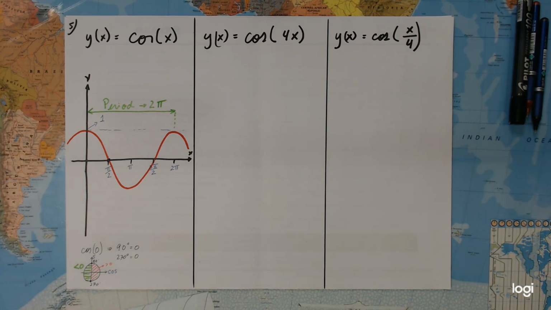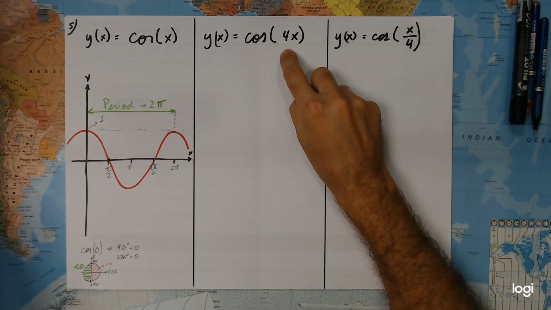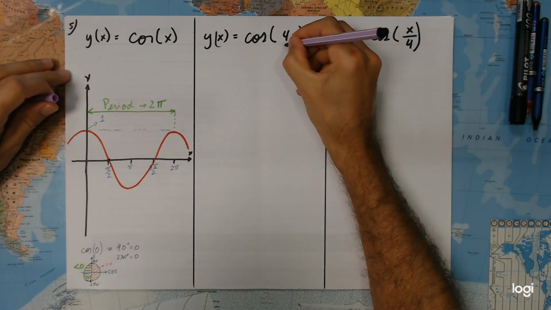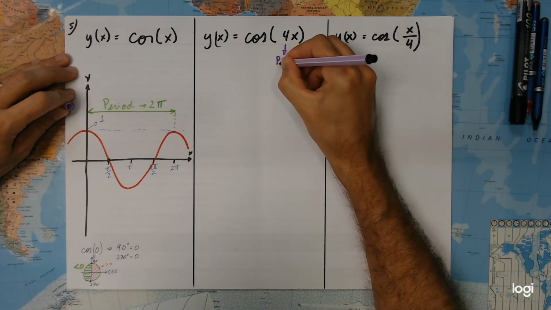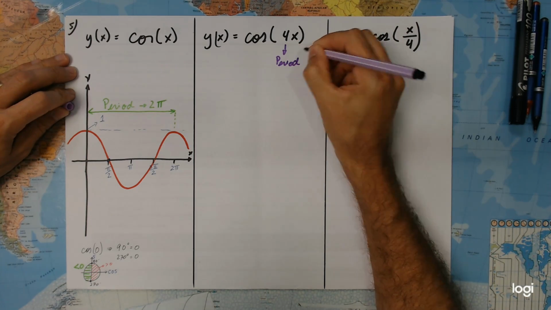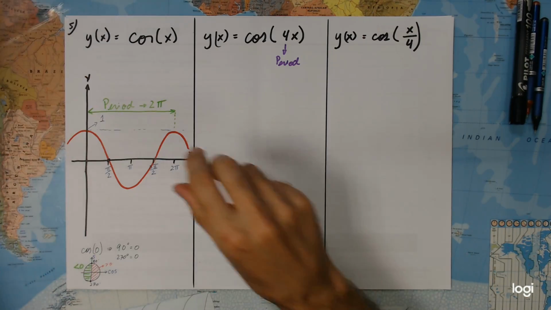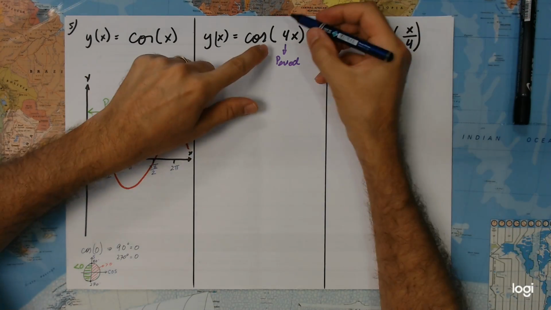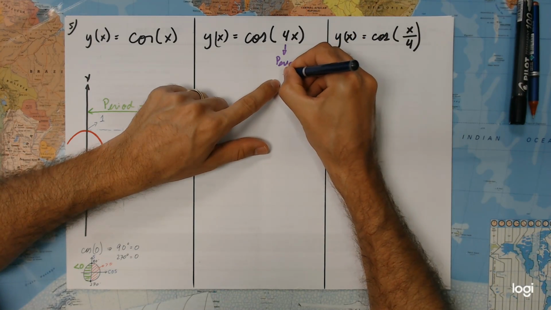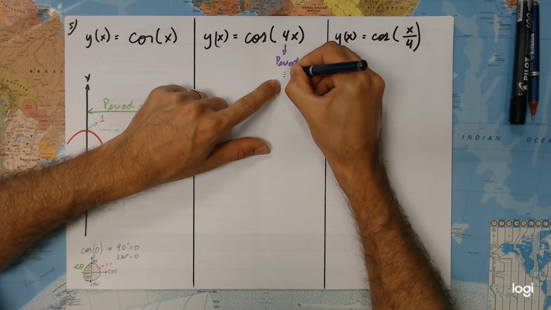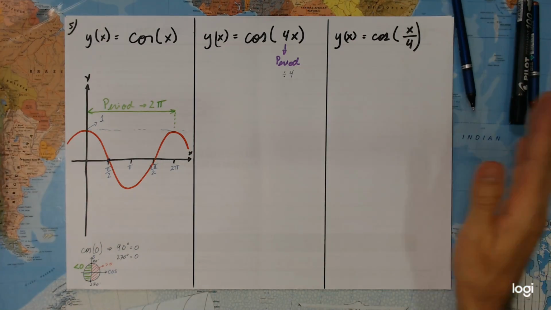Now, what is going on with this? Remember, this is going to relate to the period. How? Because it's multiplied by 4, the period is going to be divided by 4. That's it. What are we going to do?